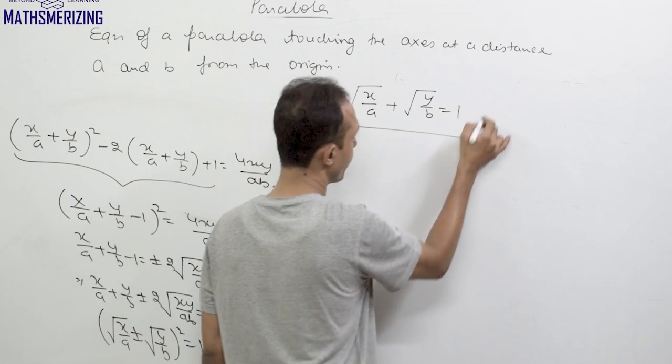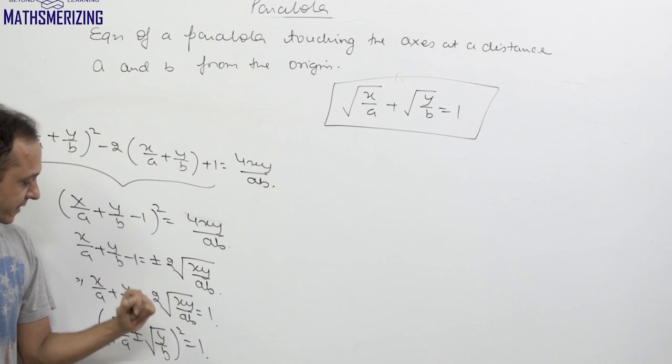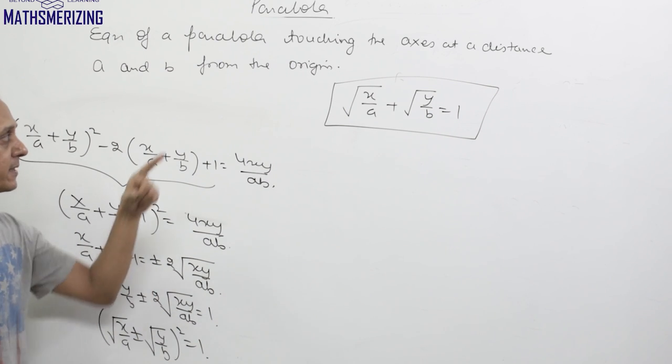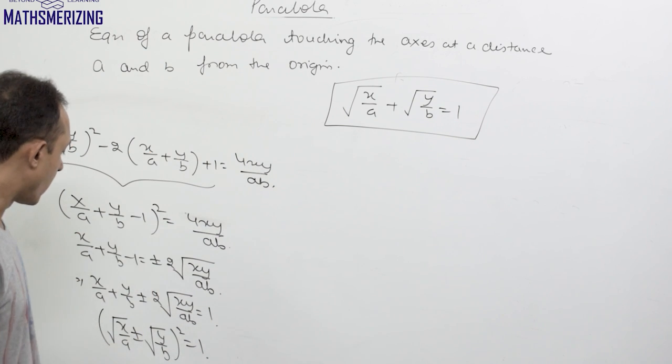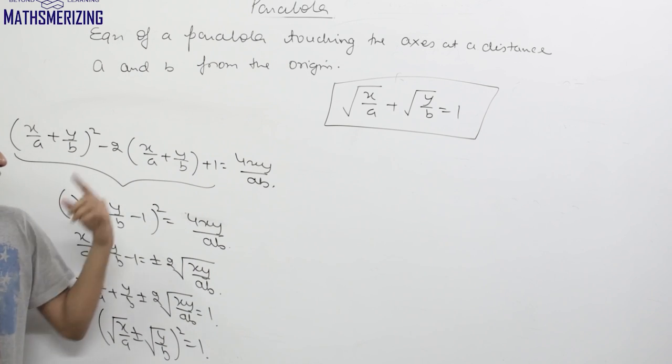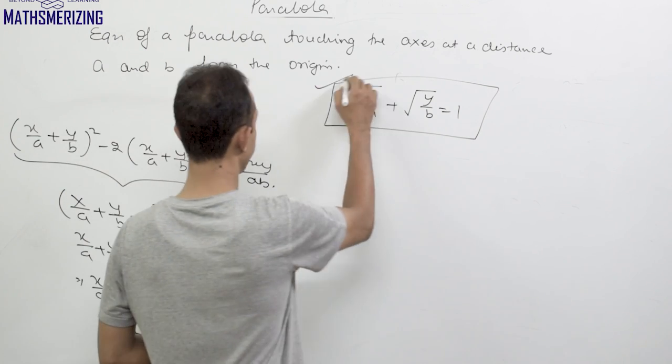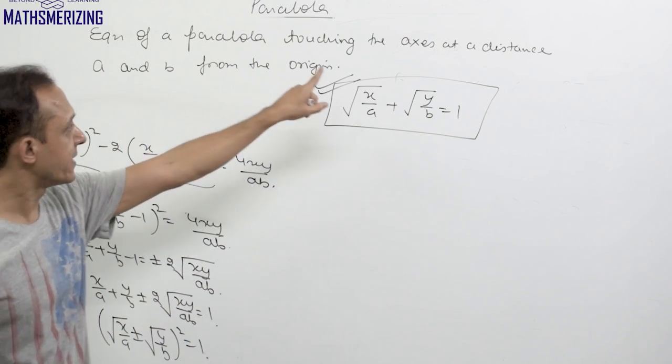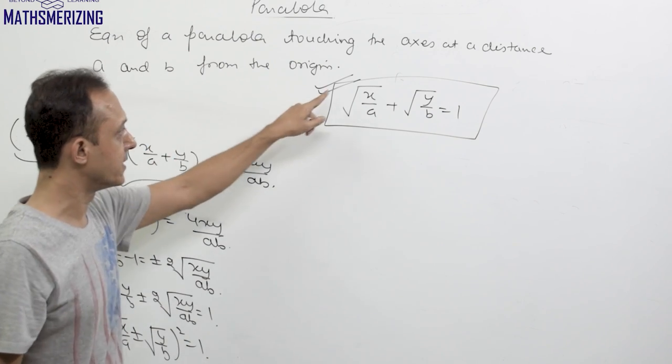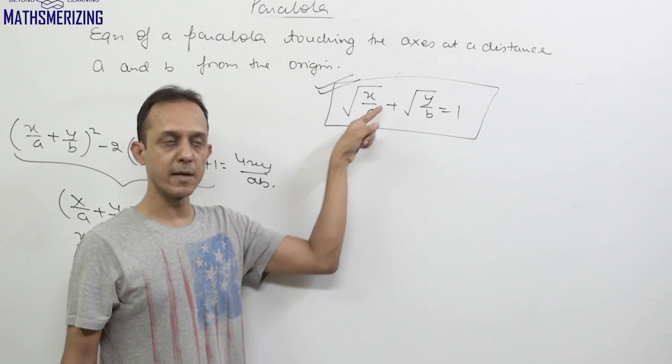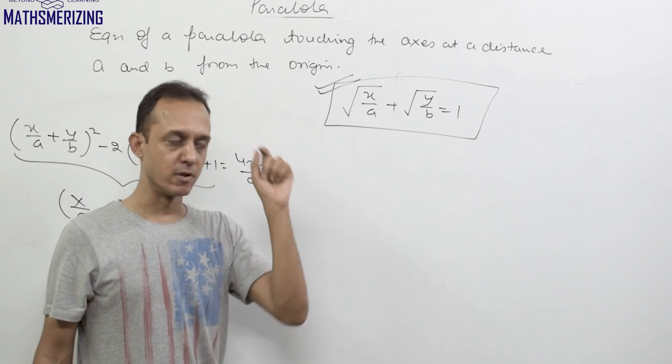equals to 1. So all throughout this proof, we have been discarding this minus sign because in that case, it will represent the part of the same parabola or it will represent a straight line. So equation of this parabola which touches the axis at a distance of a and b from origin is given by under root of x upon a plus under root of y upon b equals to 1.